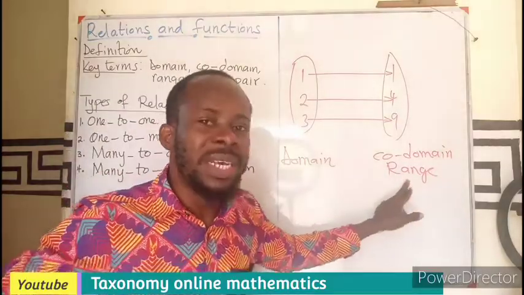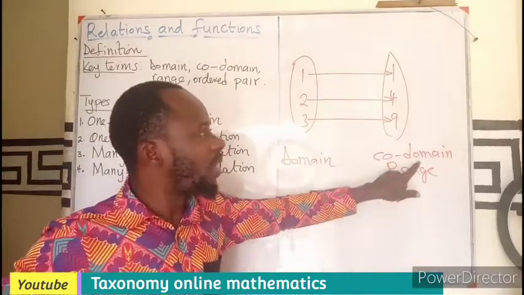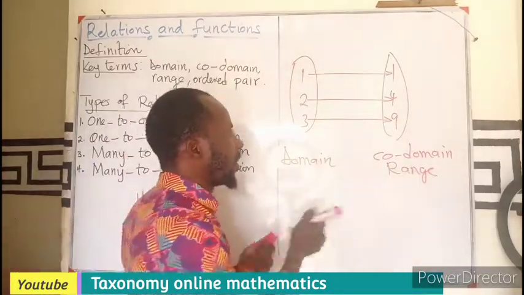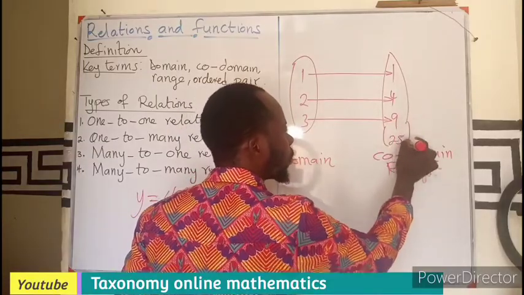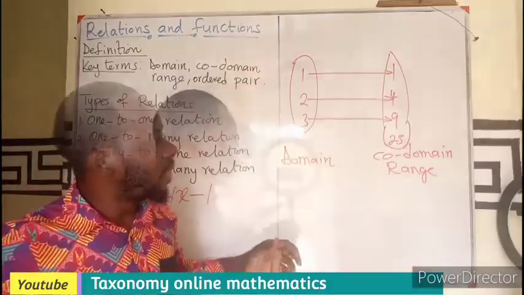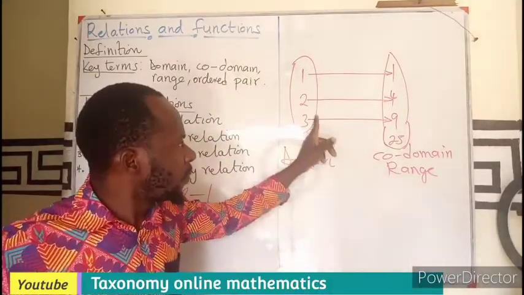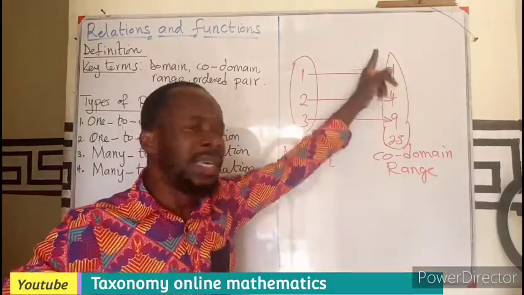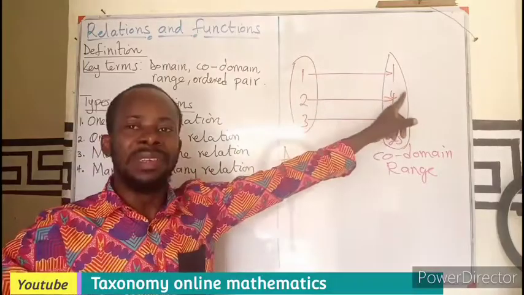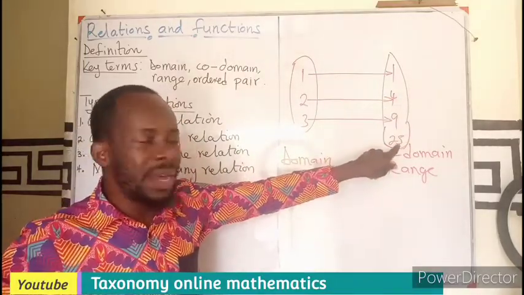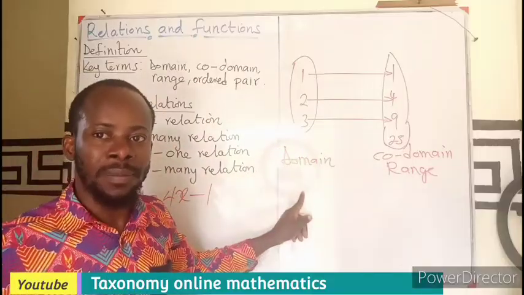Now, the range is a subset of the codomain. Meaning, if I extend this set of elements, each of the elements here has something mapped to it, but you can see that 25 does not have an object mapped from the first set.